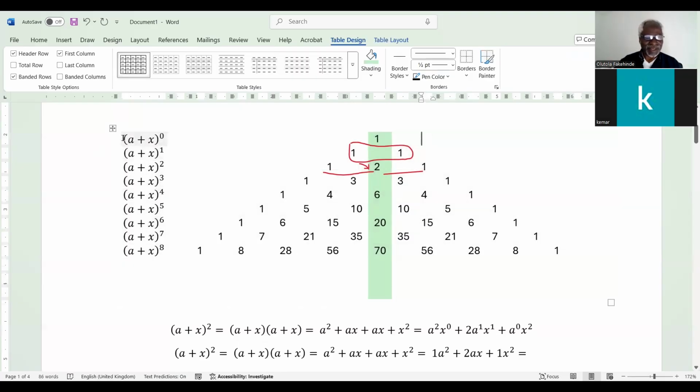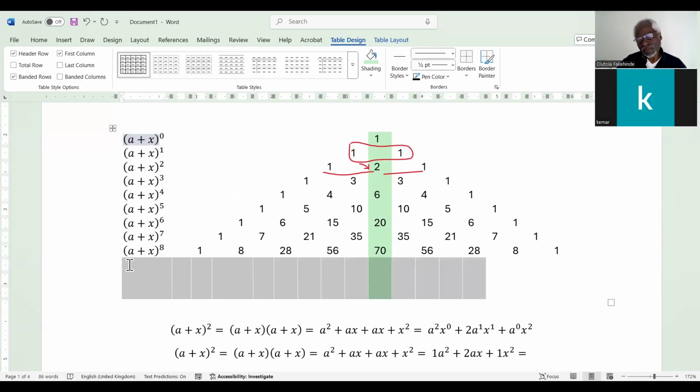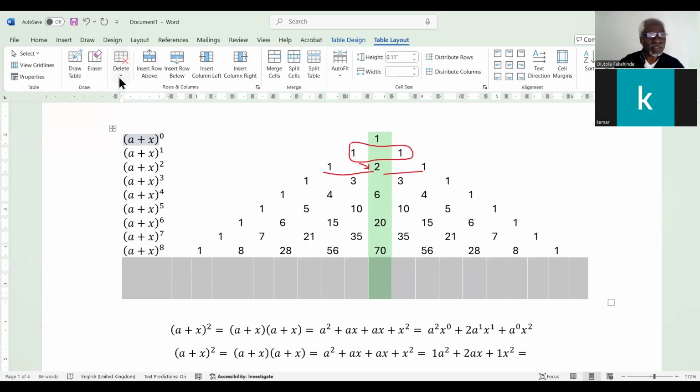Let me remove this. In the table design and table layout, I delete the rows.